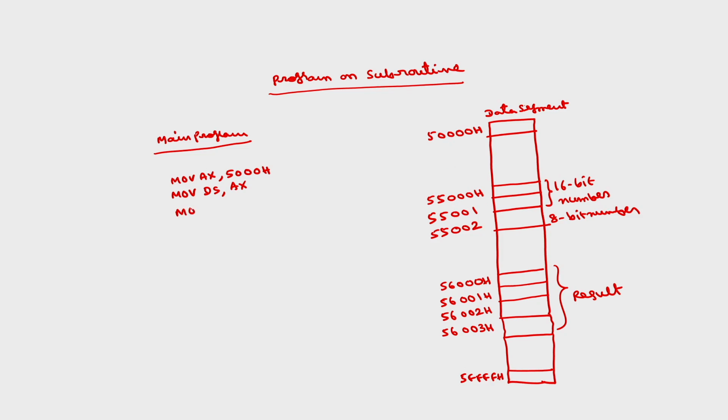You store that offset into SI, because here both are the same. I am taking the AX content itself in SI. Then move AX comma contents of SI, so that AX will contain a 16-bit number. So both are signed numbers.